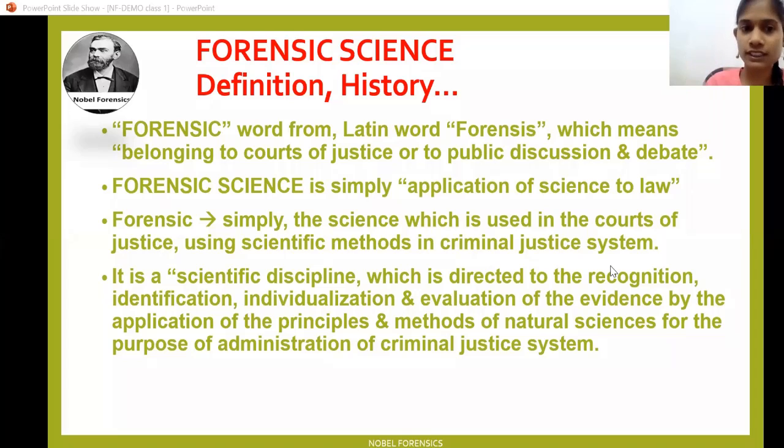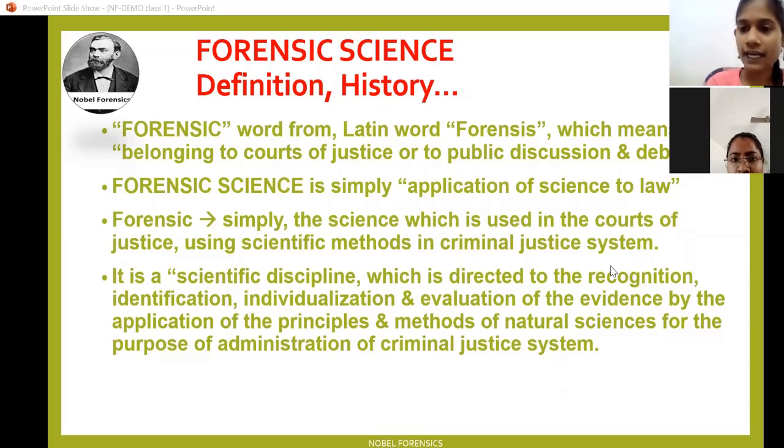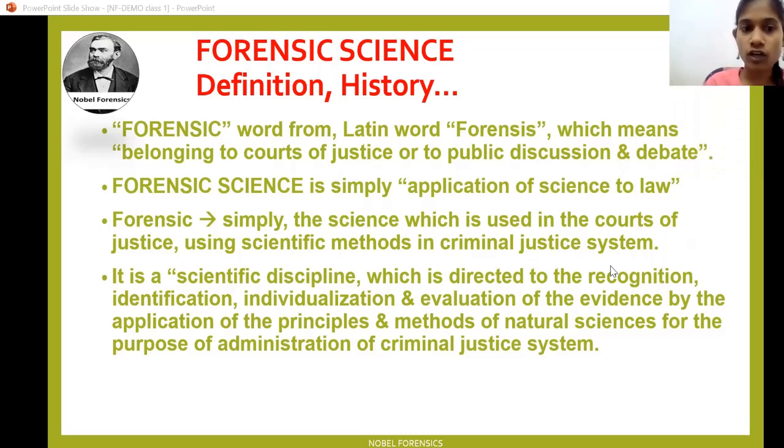It means all about the physical evidence: recognizing, identifying, individualizing and evaluating it using principles and methods of natural sciences. Natural sciences are physics, chemistry, geology and biology. All these are for the purpose of administration of the criminal justice system, meaning to solve the problems related to the criminal justice system, to the legal system. This is the broadest definition of forensic science.